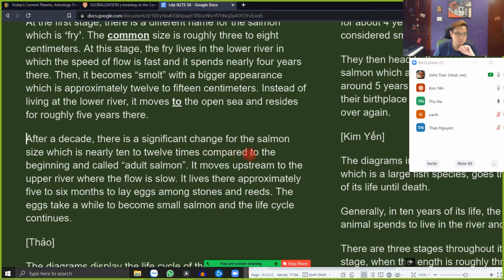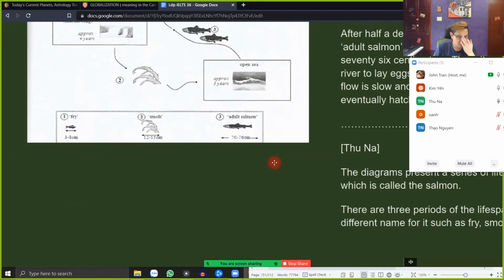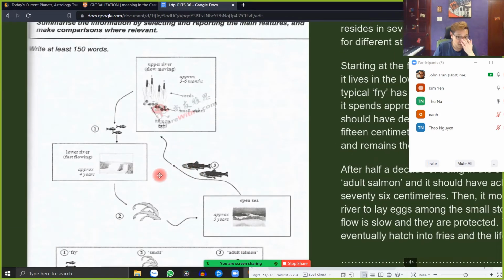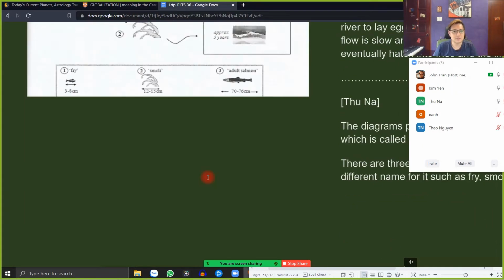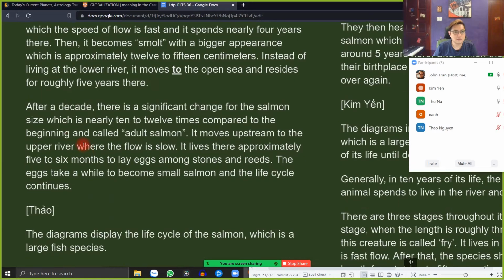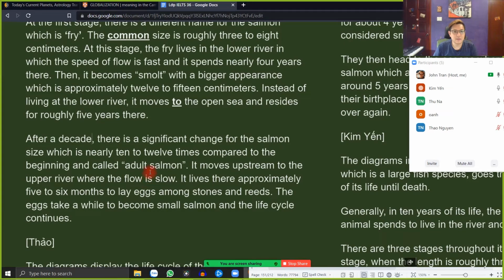Nếu như mà em muốn nói là cả hai cái giai đoạn là từ bước thứ nhất đến bước thứ hai, em muốn gộp lại là gần 10 năm thì đúng không thầy? So you want to combine from number 1 to number 2 and number 3. I see. So after nearly a decade, okay. Nhưng mà quên mất chỗ đấy là 9 năm thế ạ. And after nearly a decade.